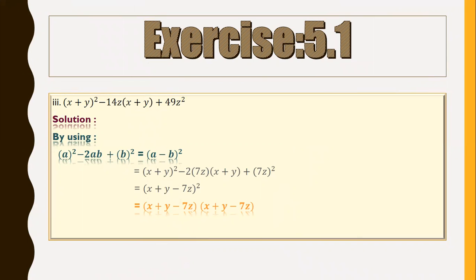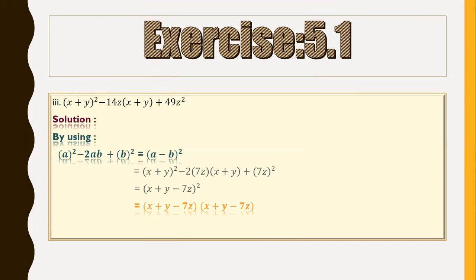According to our question, a is x plus y and b is 7z, because 49z square is given and 49 is the square of 7. It means that b is 7z and a is x plus y. Now we put the values in the formula. There is a negative sign in between the terms.